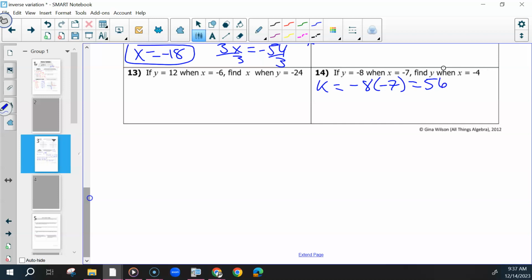How would we set this up? -4 is x. y equals 56 over -4. y would equal -14.